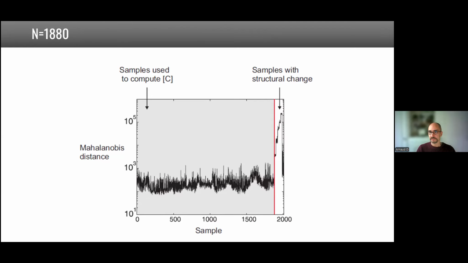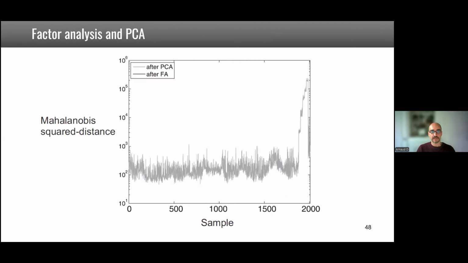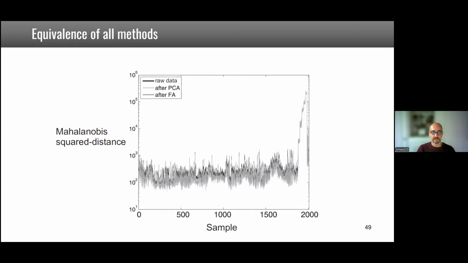This is working, okay? And if I compare with factor analysis and PCA, you have exactly the same graph. So this shows you that these are exactly the same techniques. I performed these two other techniques in the paper, and I show it's exactly the same. This is a comparison with doing nothing.